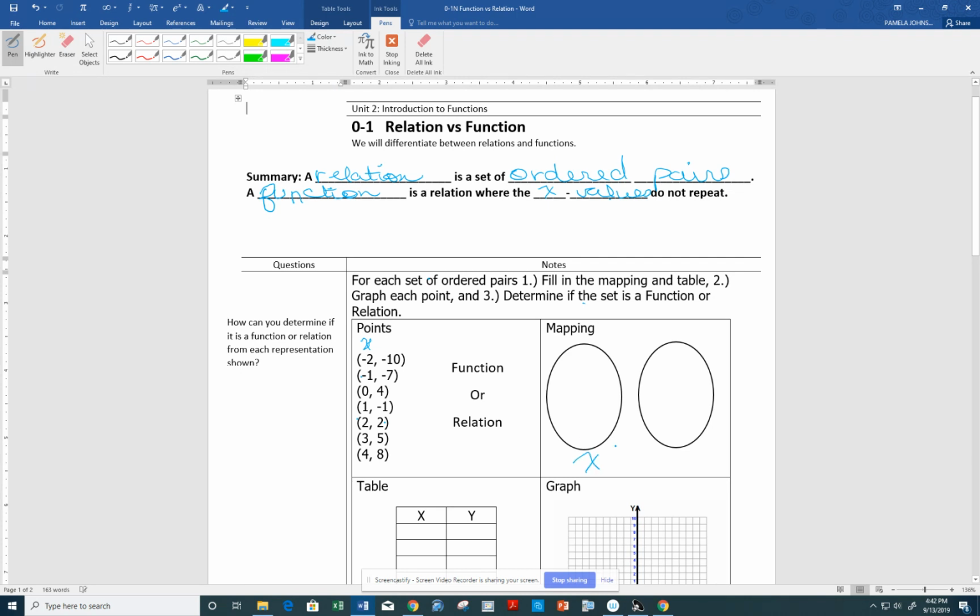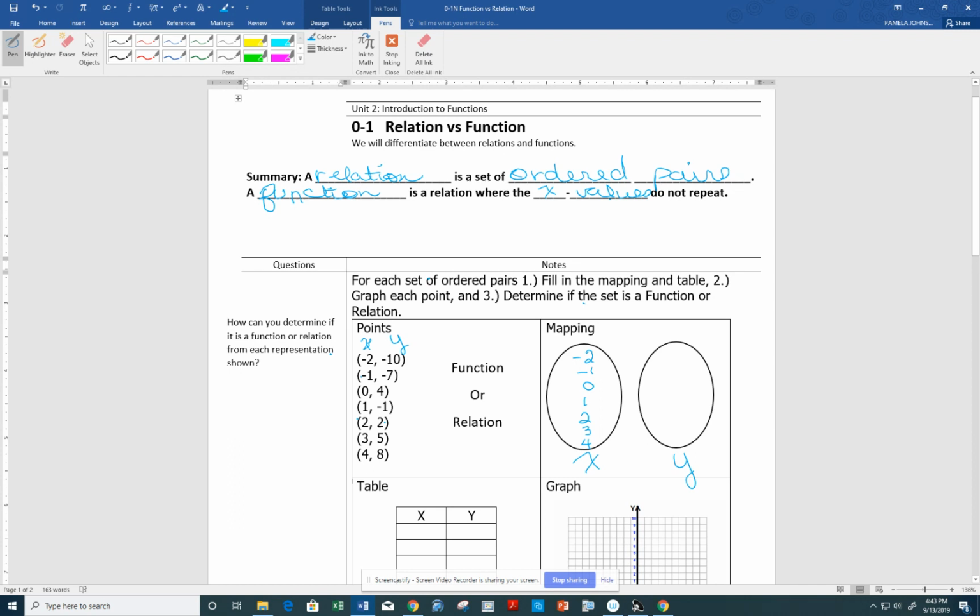There are my X values. So I'm going to write these on here: -2, -1, 0, 1, 2, 3, 4. And then on this side are my Y values. Okay, so for my Y values, those need to go in order from least to greatest.